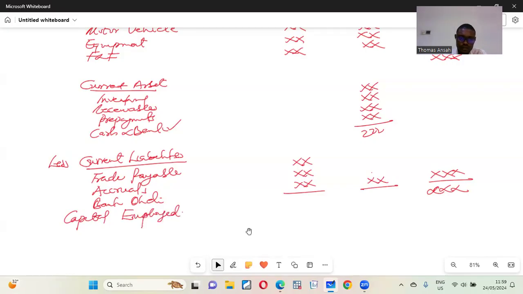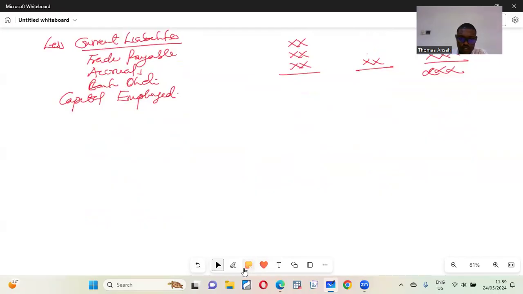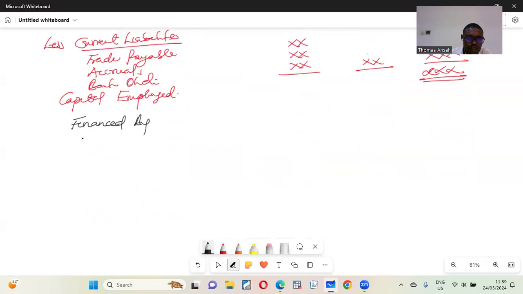All right, next, financed by. So this is the first balancing figure. Then we come to represented by or financed by. So financed by capital, right? So here we have our capital account of each partner.